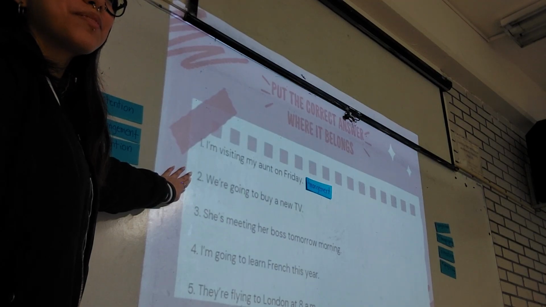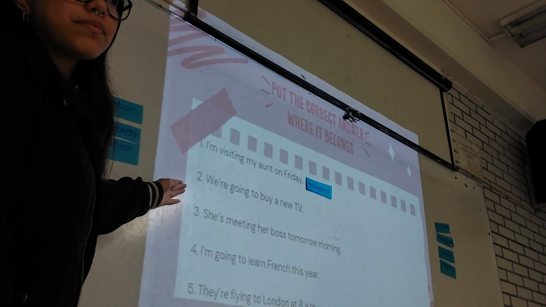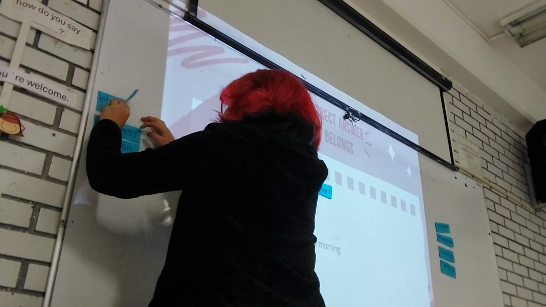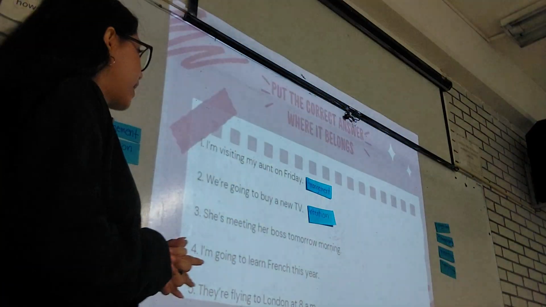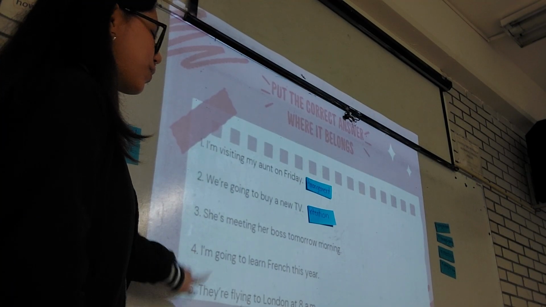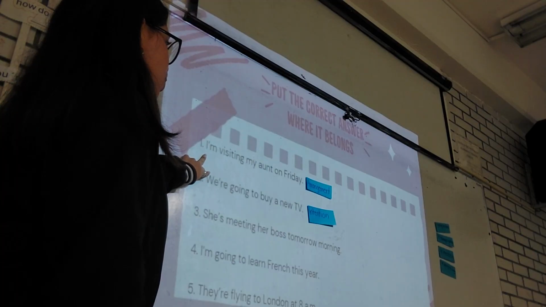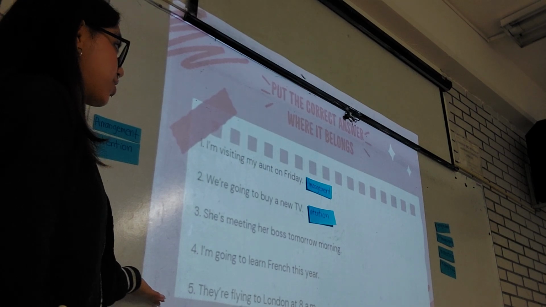Some volunteer? Pass to the front and put it here. Okay, correct. So we have two left. I forgot to do this one, but let's see that later. We have these two.